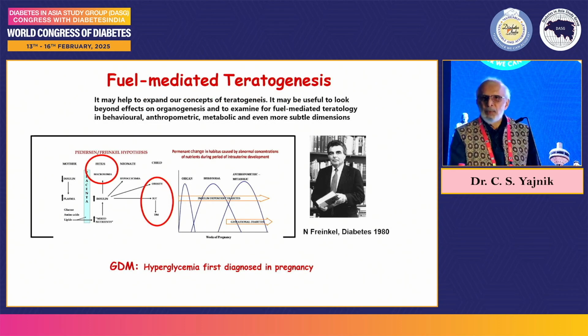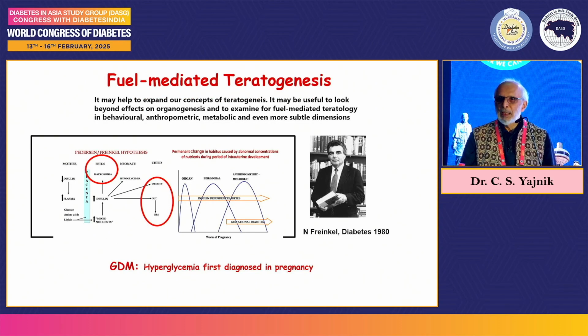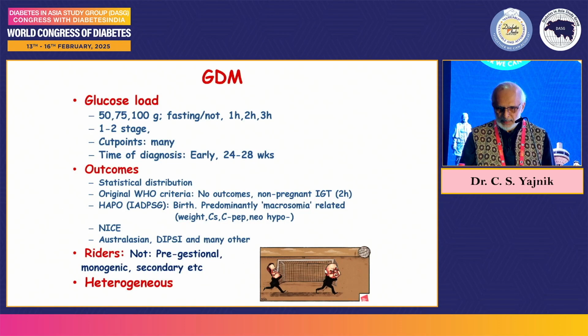Some of this was also predicted before David Barker by Norbert Freinkel for diabetic pregnancies. He suggested that there was a teratogenesis, which is not really the abnormality of the physical form, but also of the functional brain and other outcomes in a diabetic pregnancy.